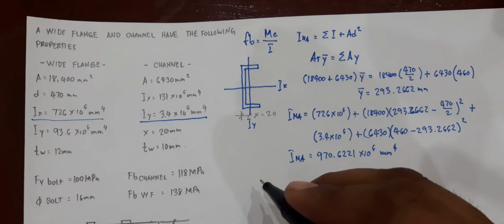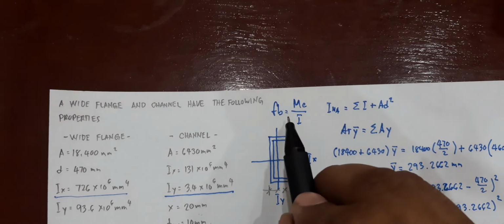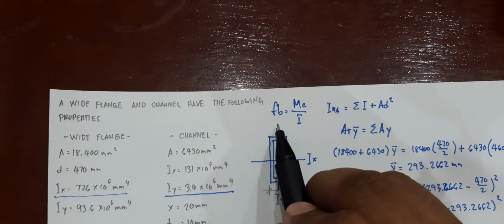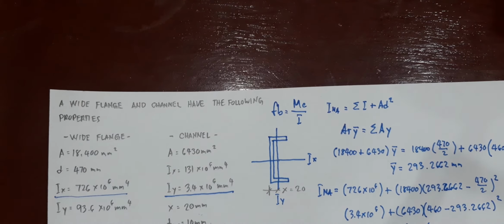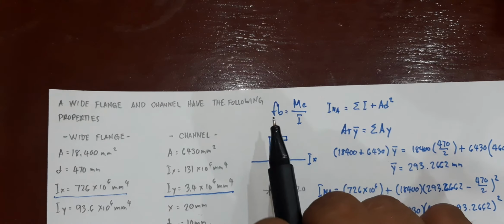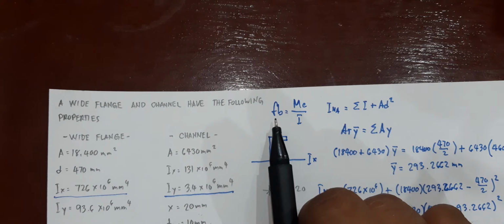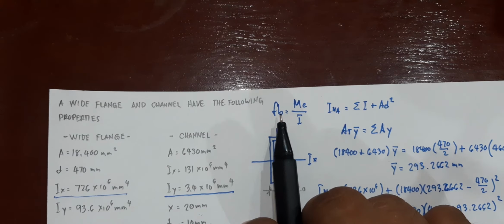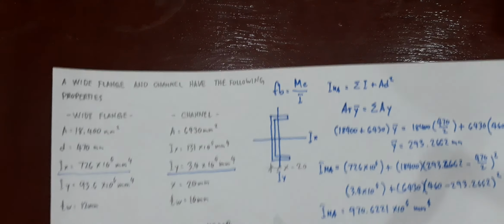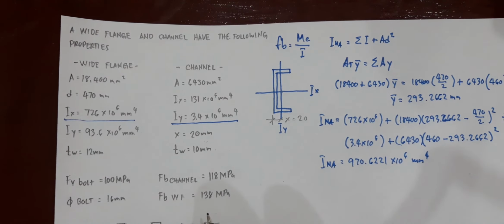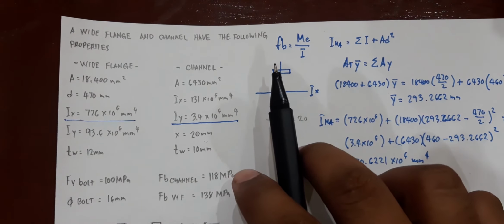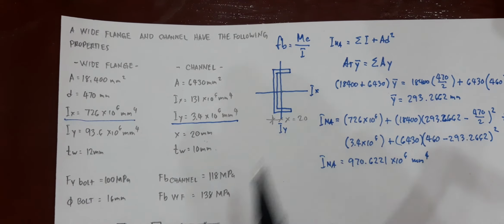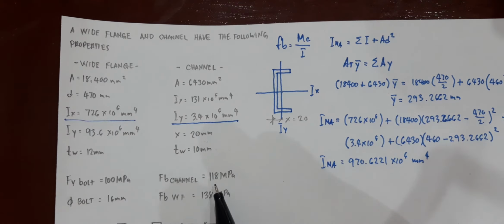For your moment capacity, let's go back to the problem and see which bending stress we are going to utilize. If we analyze the situation, we can calculate the maximum moment if you have the maximum bending stress. Comparing these two bending stresses, you would have this one higher than this one. That is one criterion.